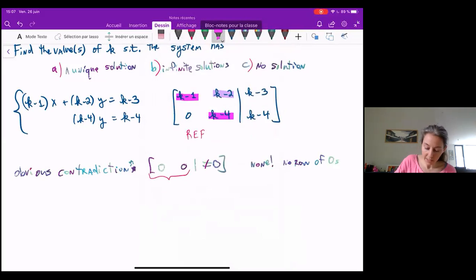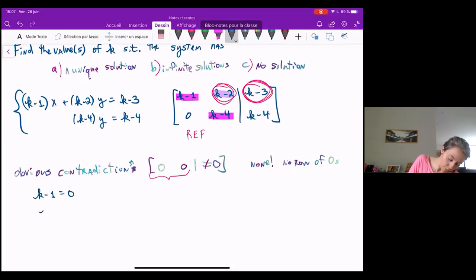This k minus 2 and this k minus 3 are not all that important in terms of finding a consistency condition. They're not values I'm going to plug in. So the first thing I have here is k minus 1 in a pivot position.